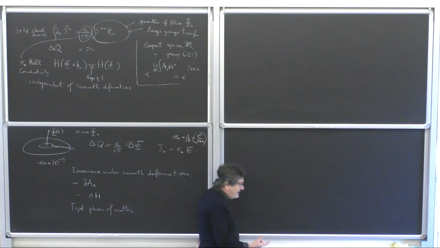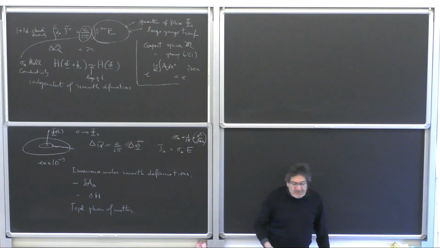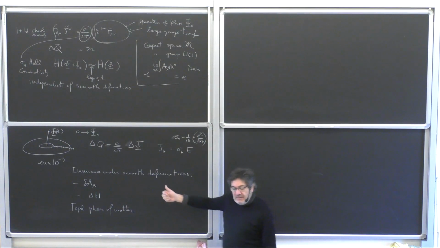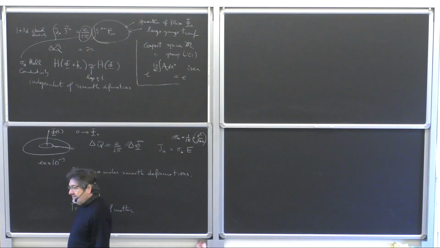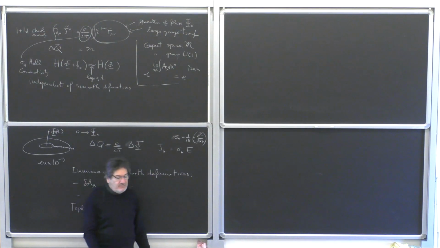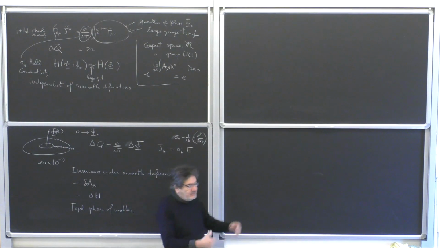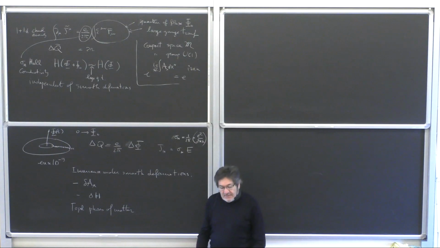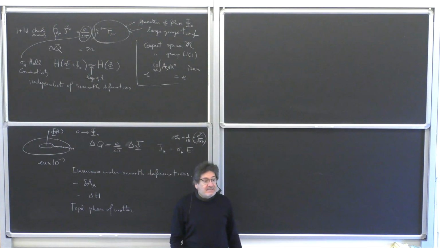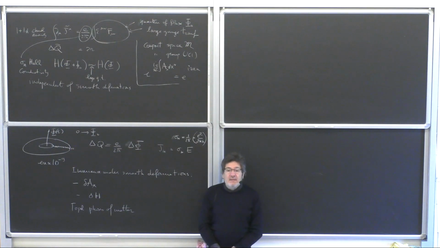But within that phase, this property, for example that the Hall conductivity is 1 or 2, doesn't change under smooth deformation of the Hamiltonian, of your system and the background, and these types of things. Okay, that's the logic. Do you have any questions about this logic, philosophy?